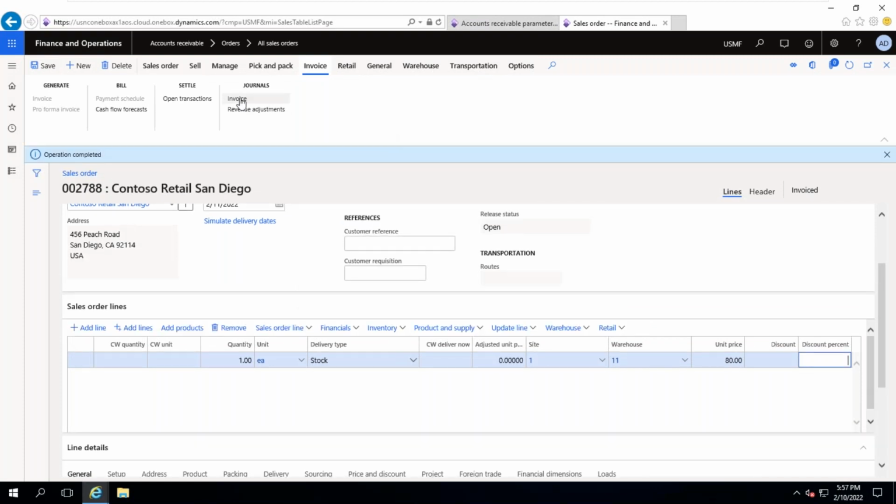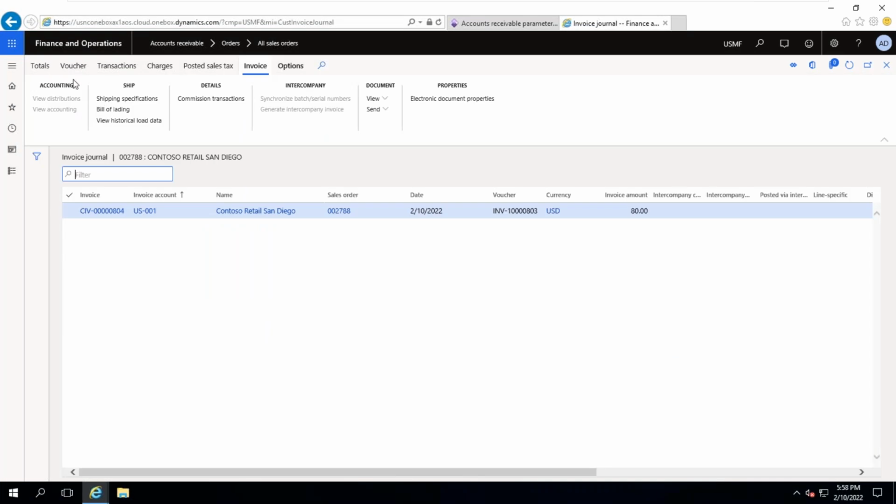The invoice got posted. If you verify in the journals, invoice button, and click on vouchers, it will show you customer account debit to revenue account credit, $80.